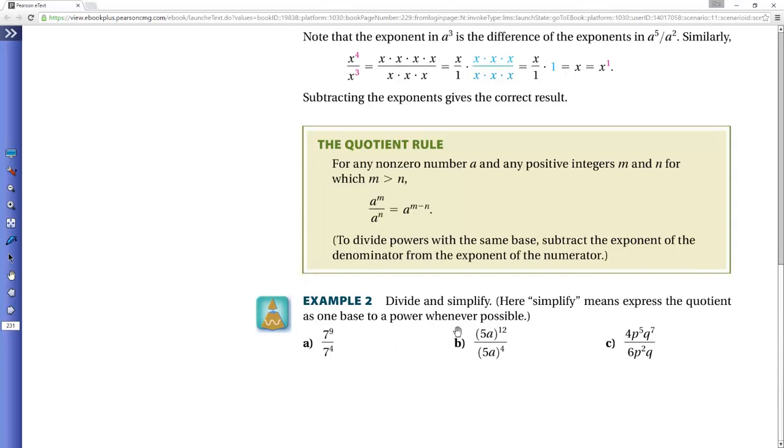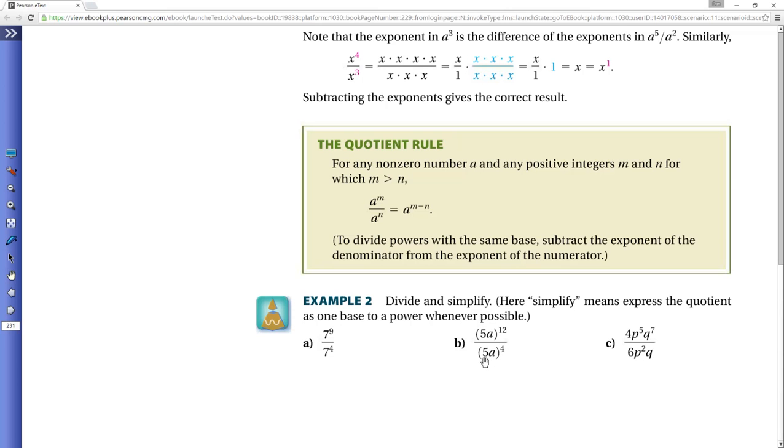So in these examples here, 7 to the 9th power over 7 to the 4th power is 7 to the 9 minus 4, which is 7 to the 5th. Remember these bases here. When there's parentheses, this entire thing is the base. So even when I get done with this, this should be parenthesis 5a, all to the 12 minus 4 power, or 8, right?